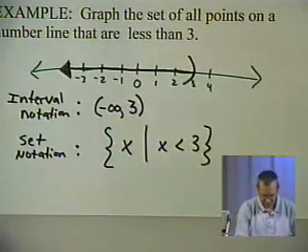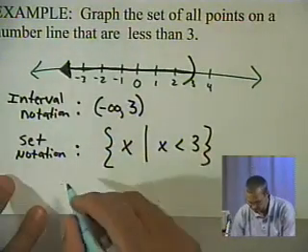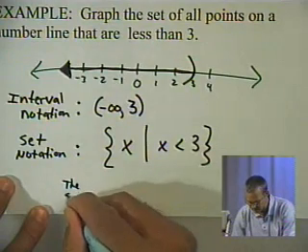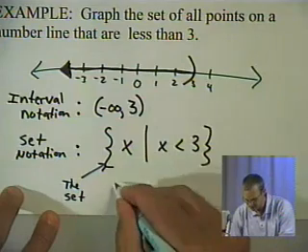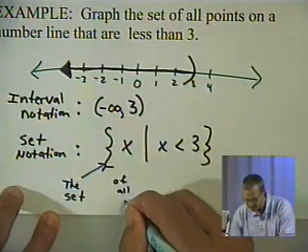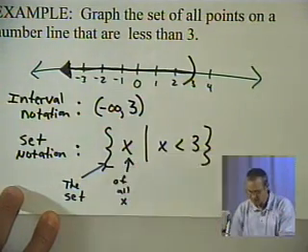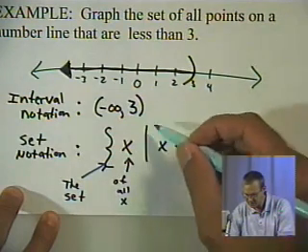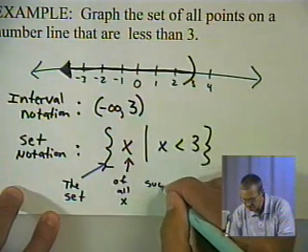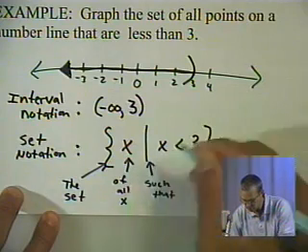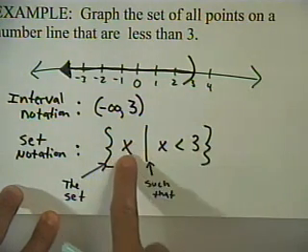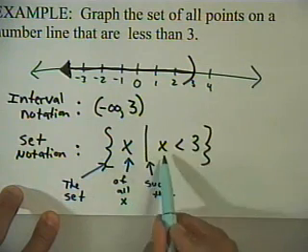The set notation is read like this. The set, that's what that symbol means, of all x. This little vertical line segment, that means such that. So we have the set of all x such that x is less than 3.